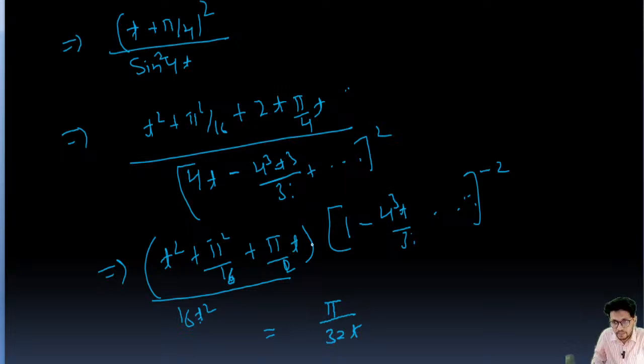The term with pi square upon 16 into 16 t square does not give 1 upon t. So pi by 2 t upon 16 t square gives pi upon 32 t, and the coefficient of 1 upon t is pi by 32. So the residue at z equal to pi by 4 is pi by 32.